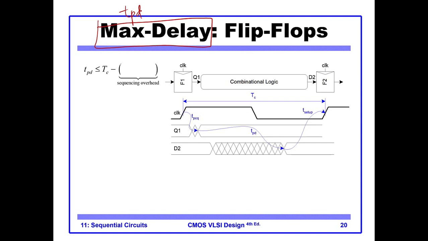Consider this model. This is our RTL model, in which we have two flip-flops, F1 and F2, or Register 1 and Register 2. And inside we have the combinational logic.